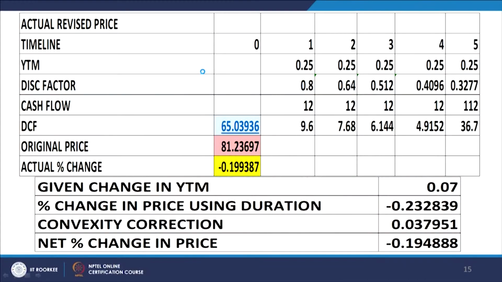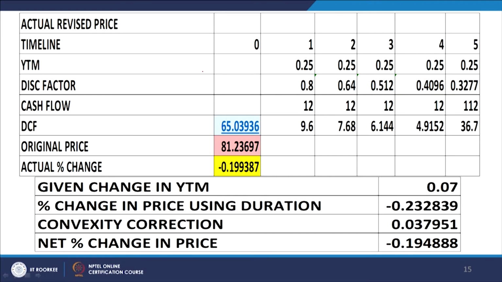Let us go back to the slide now. As you can see here, the actual percentage change in price is minus 19.93%. How is this obtained? I have worked out the price using a YTM of 25% again, and on that basis I find the market price to be 65.039, and the earlier price was about 81.